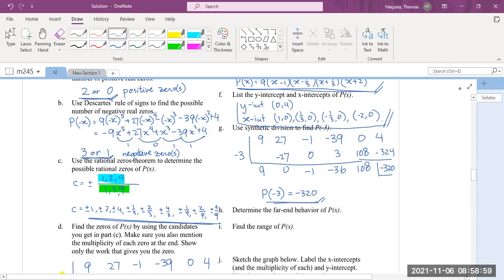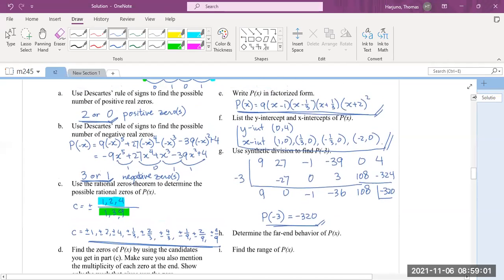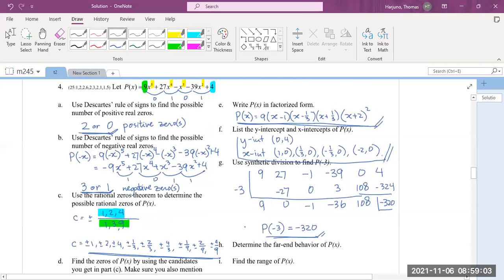Determine the far end behavior of P(x). The degree is 5. The leading coefficient is positive, +9. So it will be bottom top.